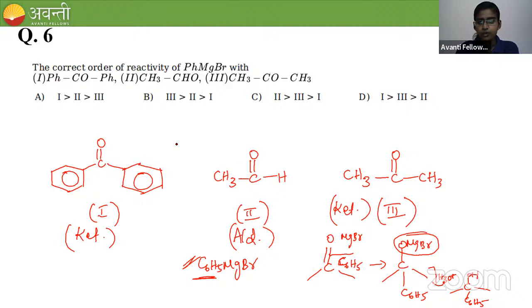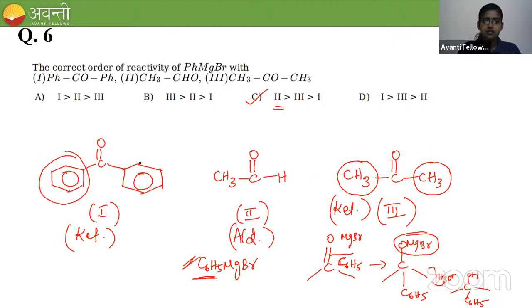In all the four options you can see the second compound is more reactive only in option C. So that is the correct answer. And after compound 2, compound 3 comes. Why compound 3? Why not 1? Here you can see a CH3 group attached to the ketonic part, and here two C6H5 groups are attached to the carbonyl carbon.